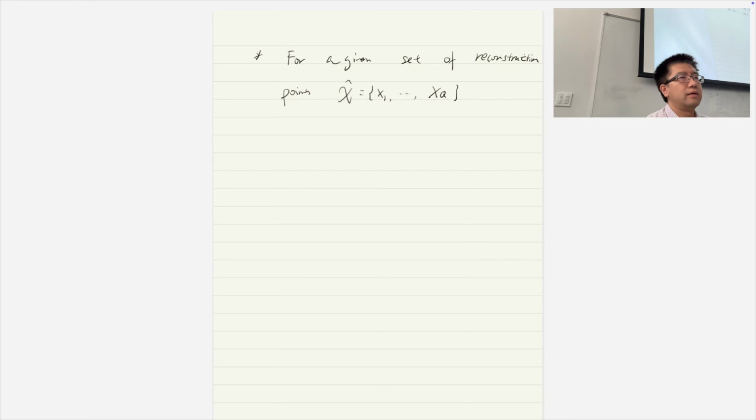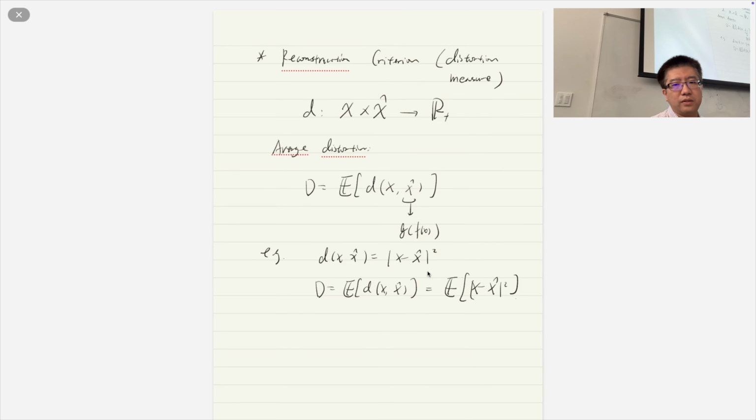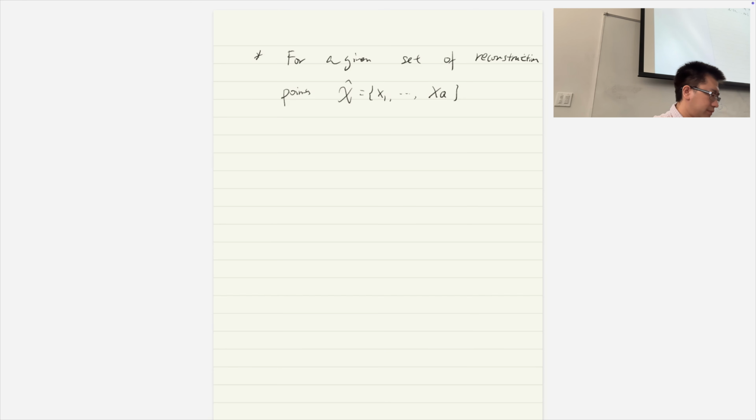Then what is the optimal decision region? Let's consider, for example, a distance metric. We want x and x hat to be as close as possible. Then what is the optimal decision region?